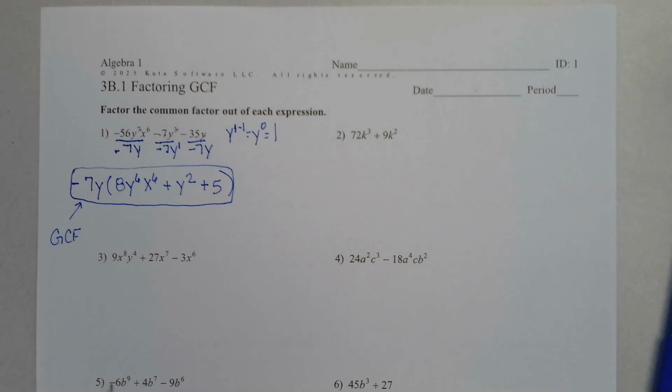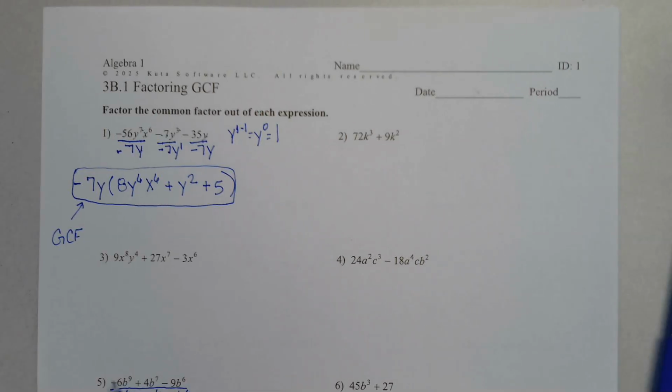So when I factor a negative out, that's going to be positive. Let me go ahead and write that under here. This is a negative b to the 6, a negative b to the 6, and a negative b to the 6. So those negatives make a positive.